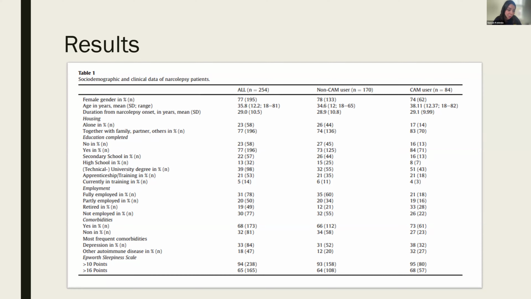What was interesting on this graph was just below depression was other autoimmune diseases. This graph shows that patients who have another autoimmune disease have an increase in CAM use in this data set.